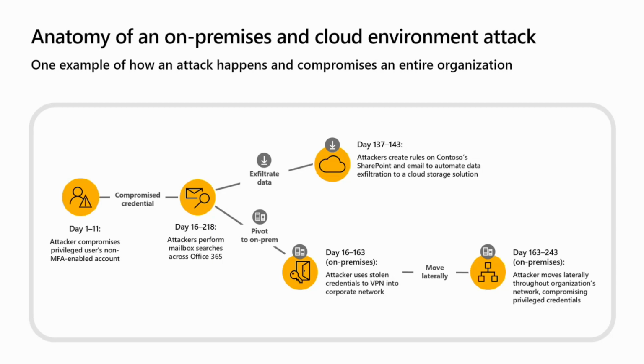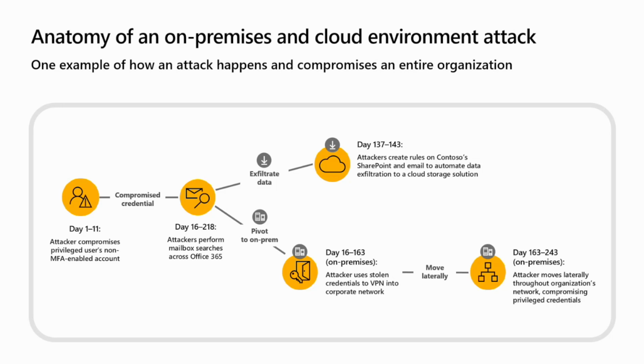So in this case, they granted access to an admin user where the account wasn't actually protected with multi-factor authentication. I still see that a lot. Using this compromised account, they had the ability to search through email and SharePoint documents, and they were able to exfiltrate data by creating automated rules.